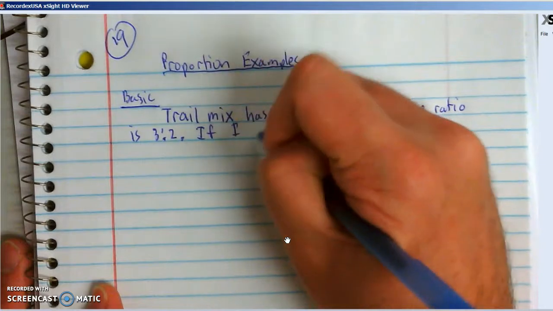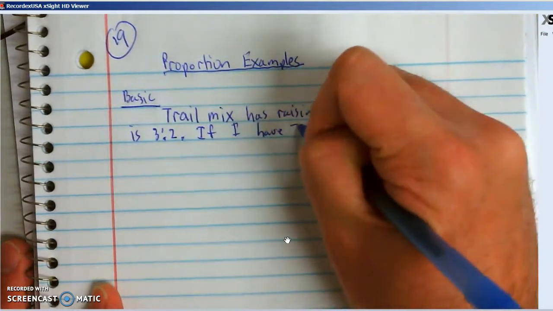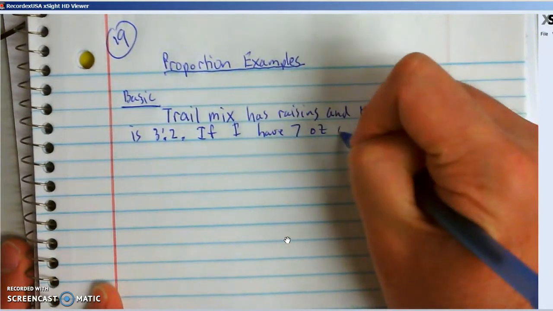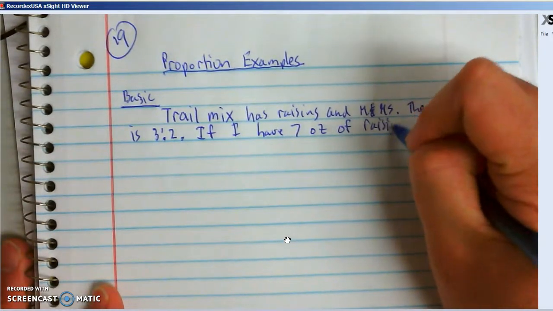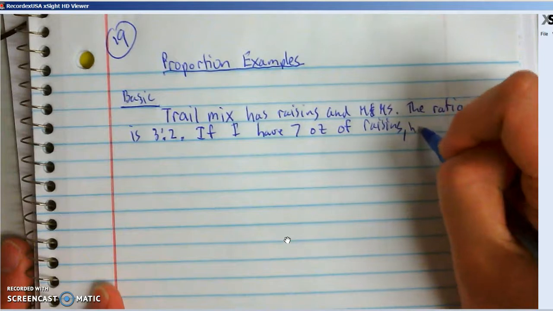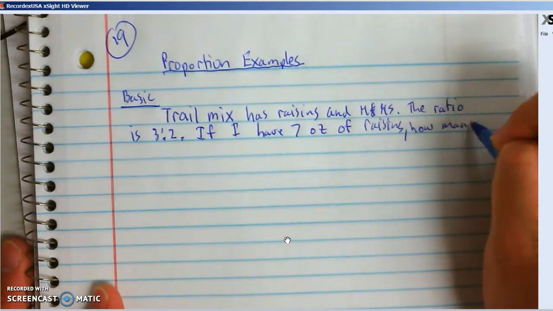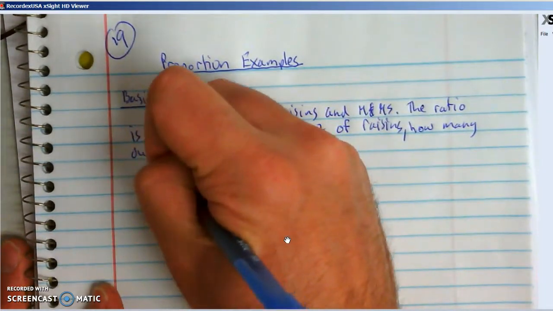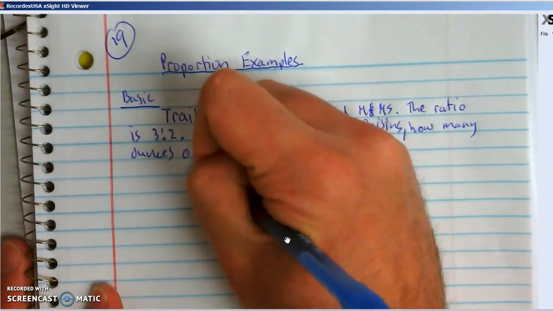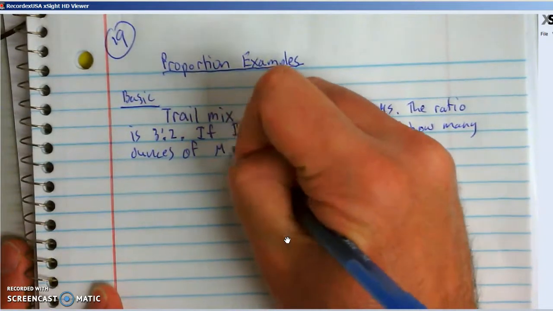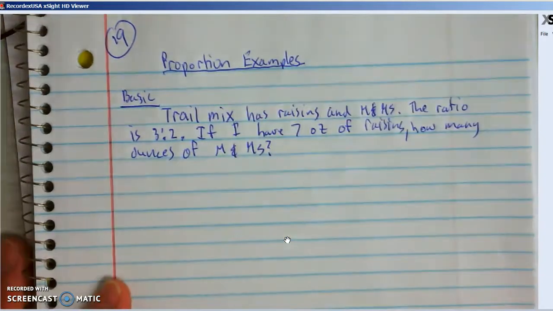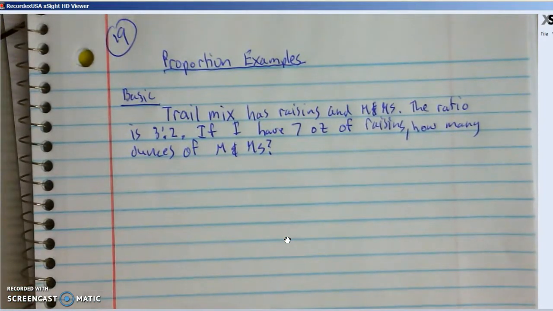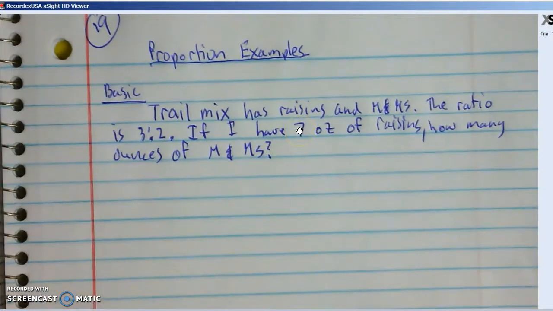If I have 7 ounces of raisins, how many ounces of M&Ms? So we've actually done problems like this already.